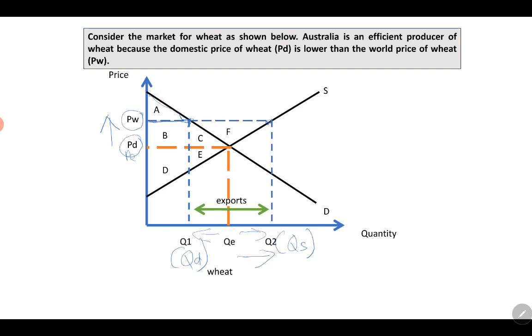Earlier A, B, C was your consumer surplus. Now it has only become area A. As for producer surplus, earlier it was this area D and E. Now it covers a bigger triangle here, B, D, C, E and F, because the supplier can now supply at higher prices.